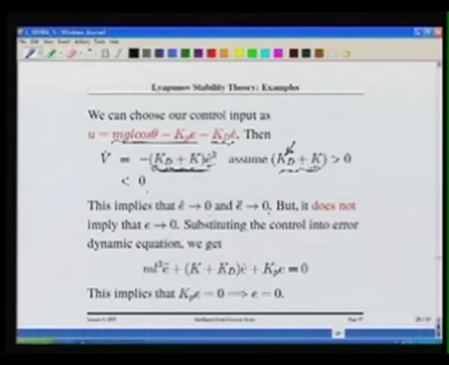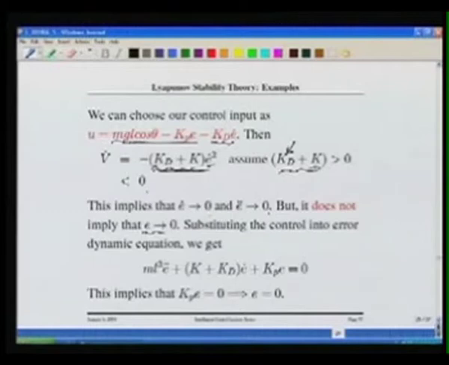But this does not imply that E goes to 0.